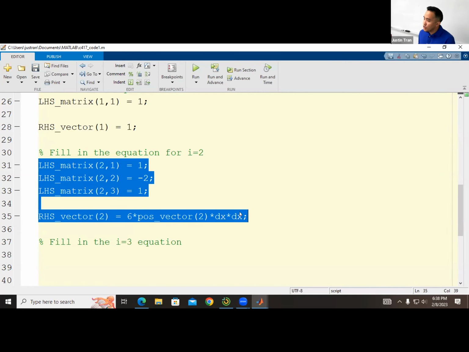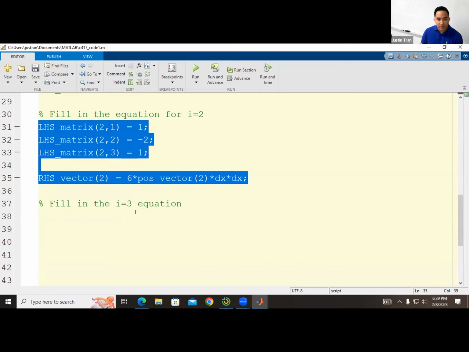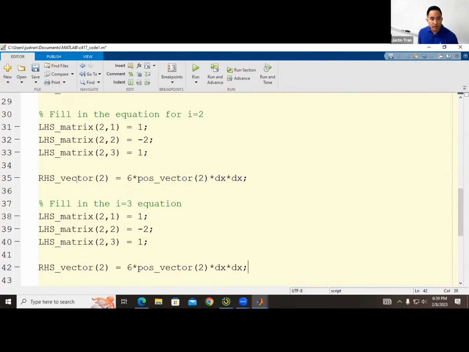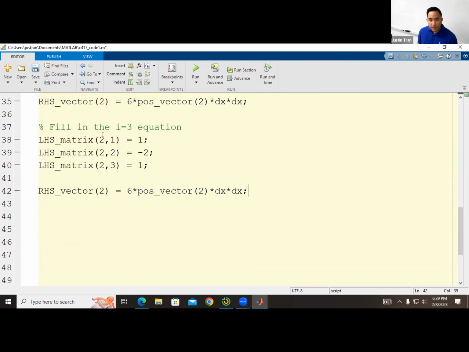It's just that everything is shifted over by 1. So I'm going to take the code for i is equal to 2, paste it, and shift everything over by 1. And so we're going to have 3, 3, 3, and then 2, 3, 4, and then 3 and 3.